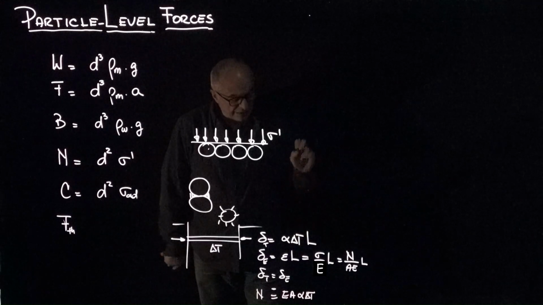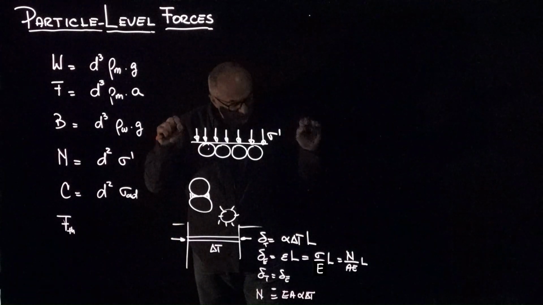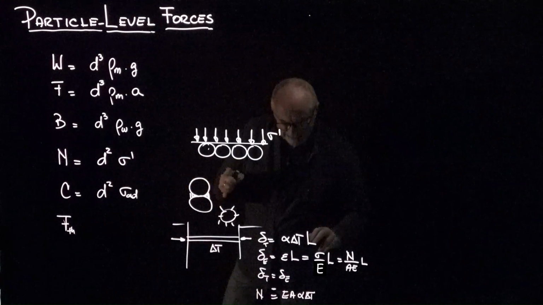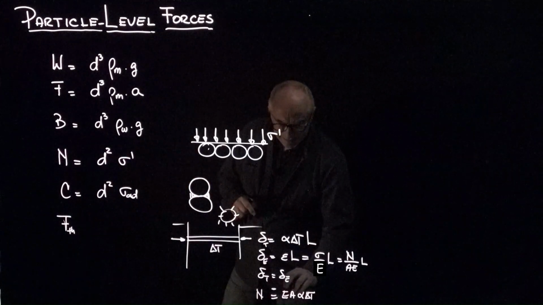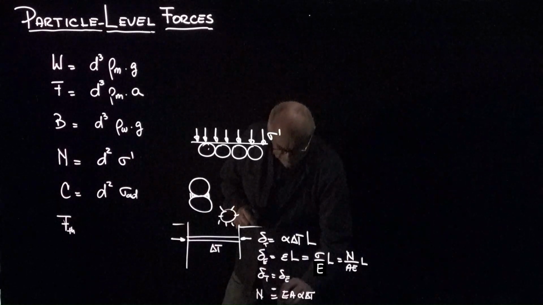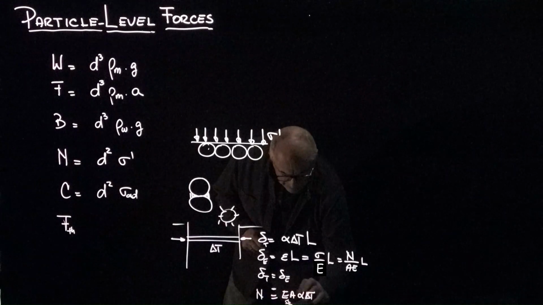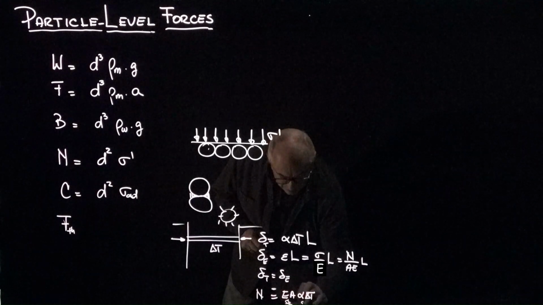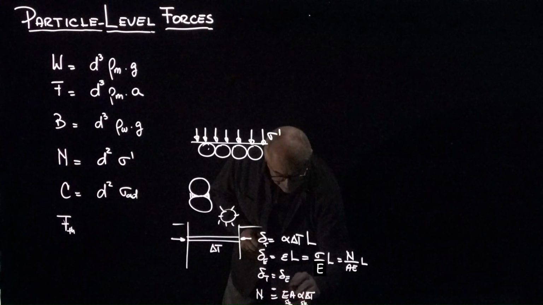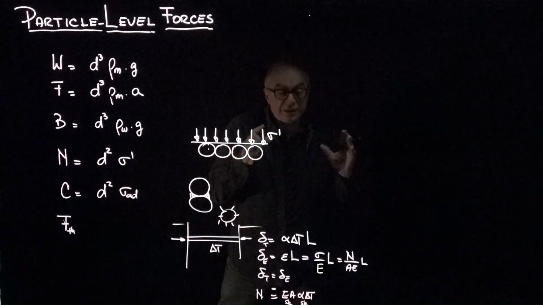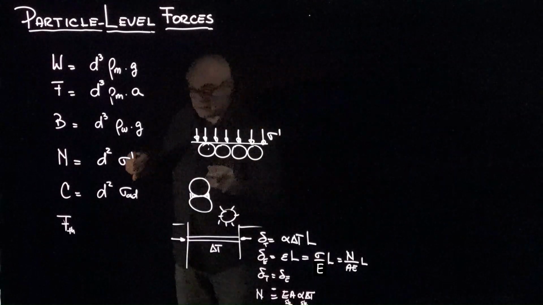Notice that we need to keep careful sense of what is happening here. In the granular material, the E that we're talking about is the E of the stiffness of the skeleton. The thermal expansion coefficient is the one that corresponds to the skeleton, and the area is the per unit area of a particle size.